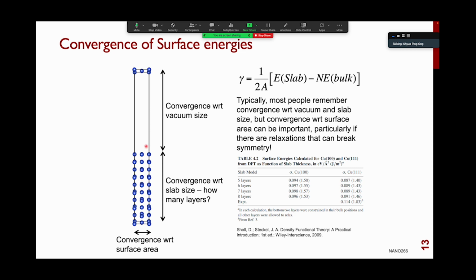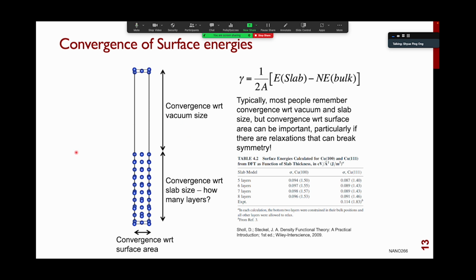When you create a surface, you are breaking bonds, and that bond breaking results in higher energy. So the first thing that people always look at when they want to calculate surfaces is the surface energy, because a lower energy surface generally means a higher likelihood of existing in your system.